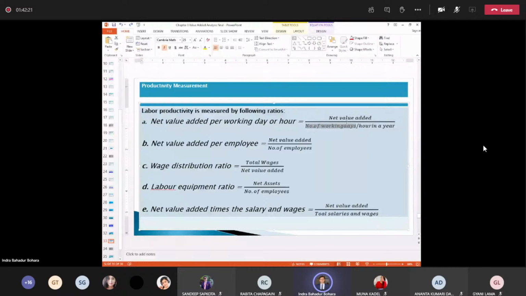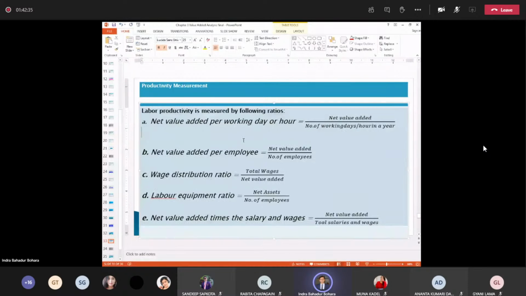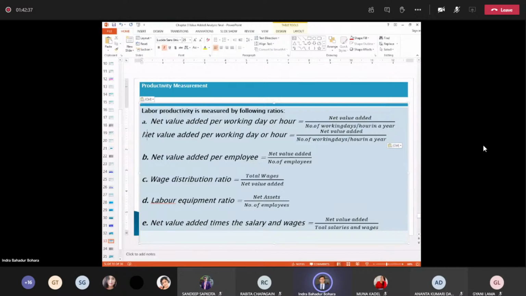When you need to calculate net value added per hour, you divide by the total number of working hours. Now I will number these so there is no confusion. This is B number, and this is C number, this is D number, E number, and the last one is F number. It is just that there are many formulas.